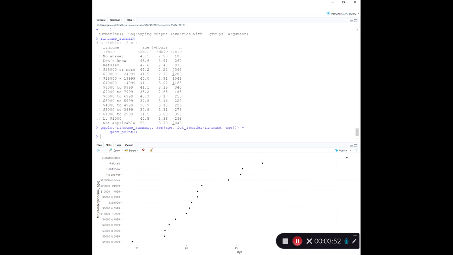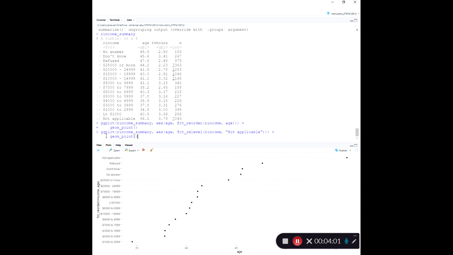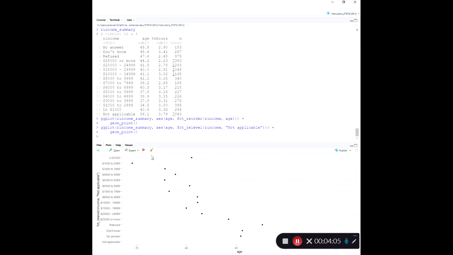So instead of using factor reorder, I can do a factor relevel, which moves the not applicable down with the other non-answers, if you will. So let me look back at the previous graph.